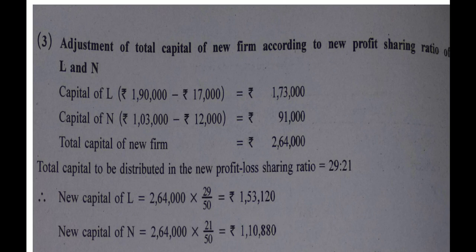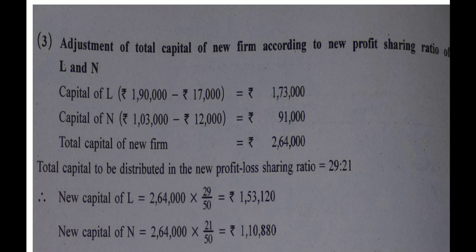Now you will convert this in new ratio, which is 29:21. Again, the calculations are presented below. New capital of L, 2,64,000 into 29 by 50, which gives you 1,53,120.